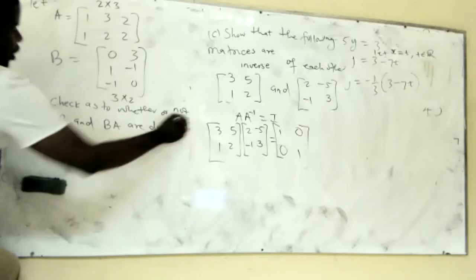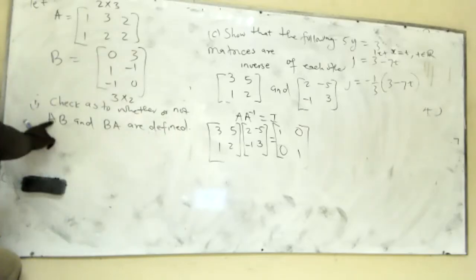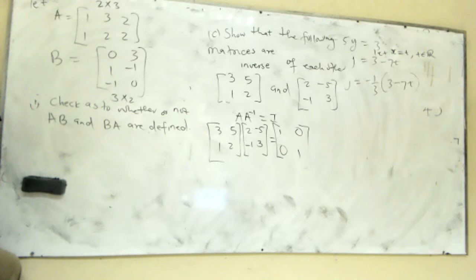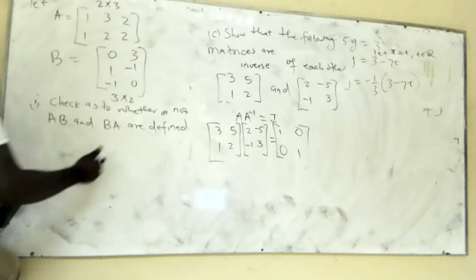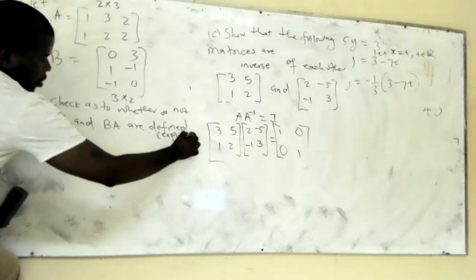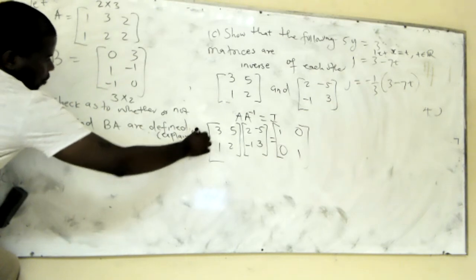This is what we want to check. We want to check if the product of AB and the product of BA are defined. Are we all together? And this question, it also said explain fully. So we need to explain fully.